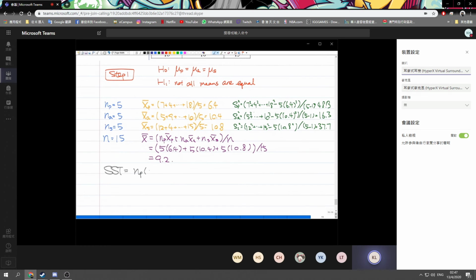n times the group mean minus the grand mean squared. Okay. So since we have 3 groups, then we have 3 terms in addition.